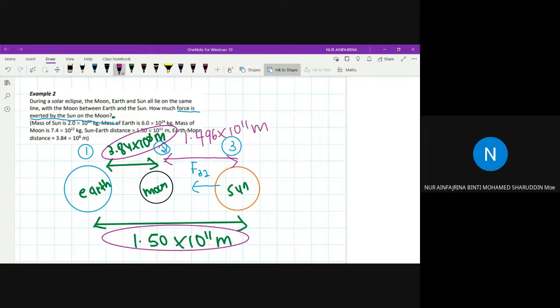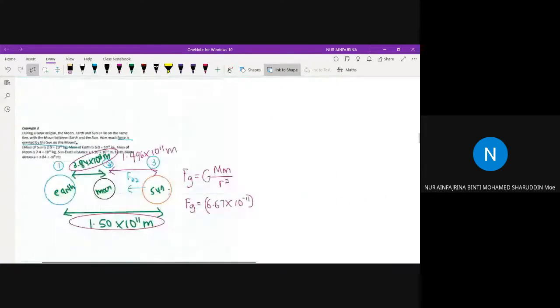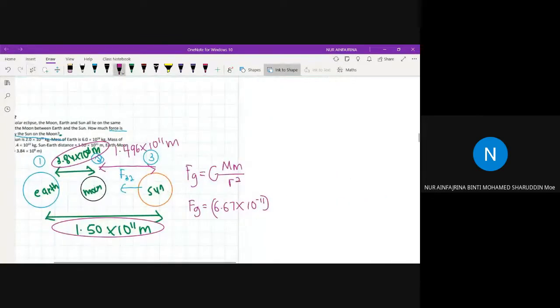Okay, now we are looking for the gravitational force exerted by the sun on the moon. Okay, so kita carilah gravitational force dia. And kita tahu formula gravitational force adalah G darab dengan mass of sun darab dengan mass of moon bahagi dengan R squared. So kita tahu G will always be constant, which is 6.67 times 10 to power of negative 11. Darab dengan mass of the sun and mass of the moon. Okay, cuba tengok mass of the sun berapa?